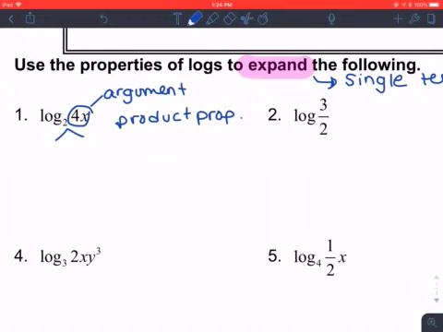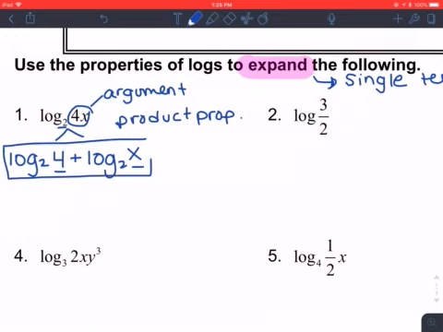And we're going to split this up into two separate logs. They will both be log base 2, since that's what we started with. So log base 2 of 4 plus log base 2 of x. Now I know I'm finished because I only have a single term in this argument of 4 and a single term in my second argument, an x. So this is the expanded form.